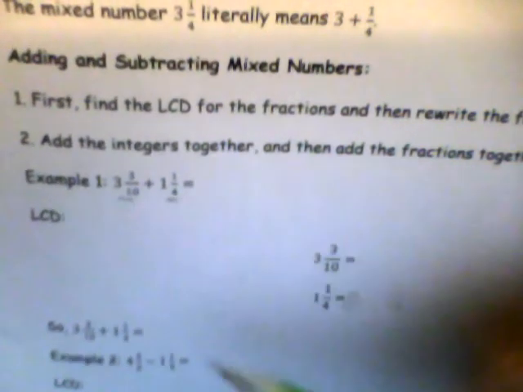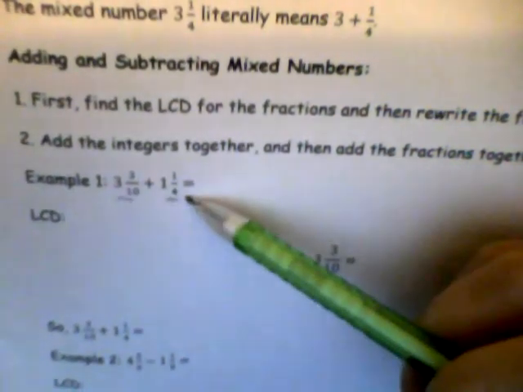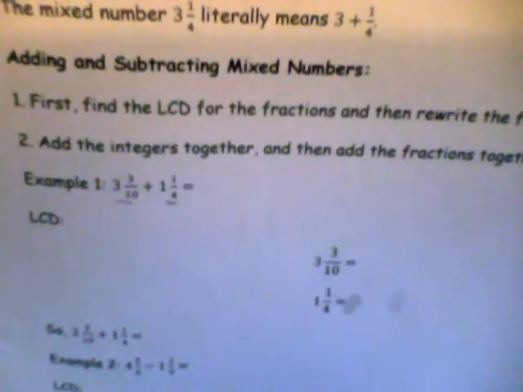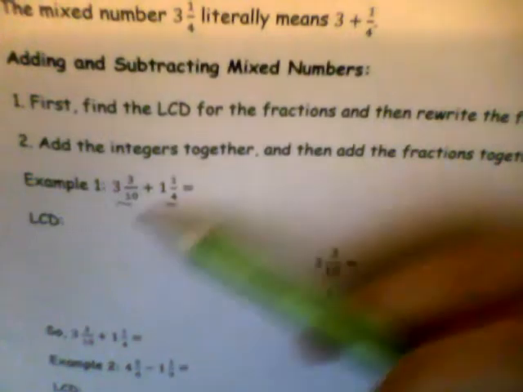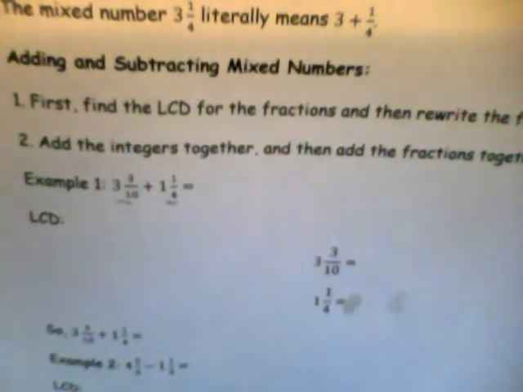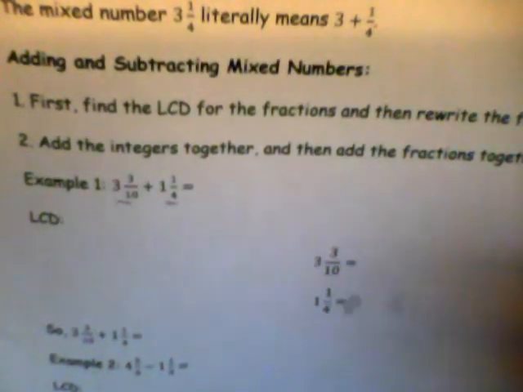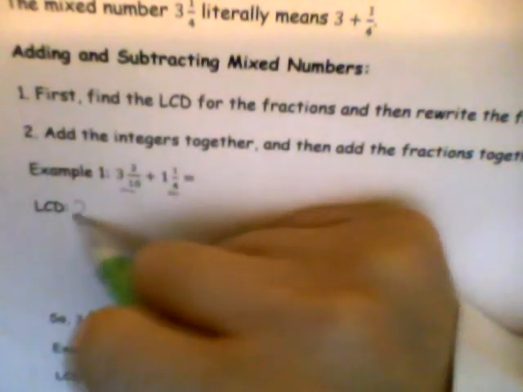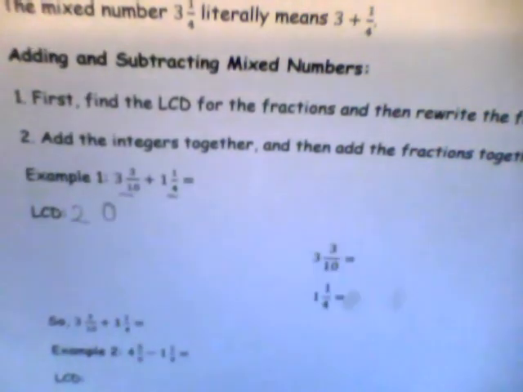The fractions are 3/10 and 1/4. Before I can add them together, just like when we were adding fractions, I've got to find my LCD. In this case, my LCD is going to be 20. It is the lowest number that both 10 and 4 go into.